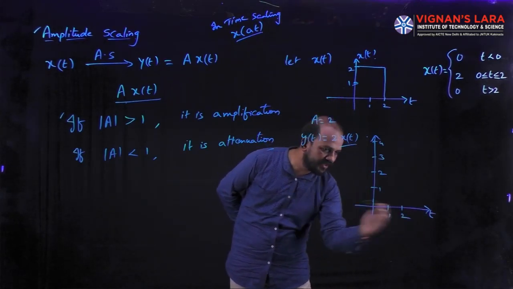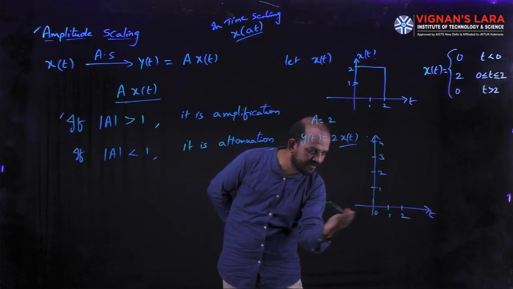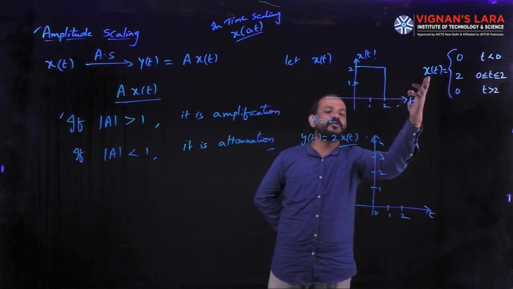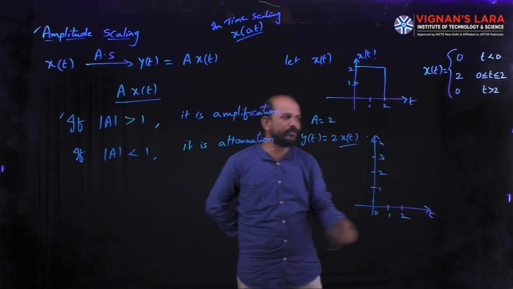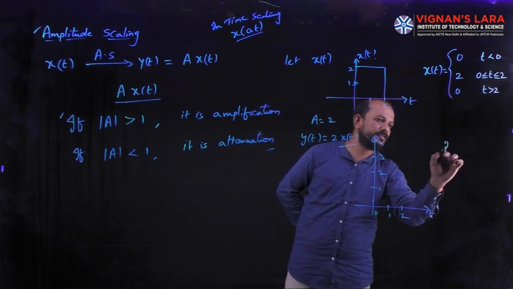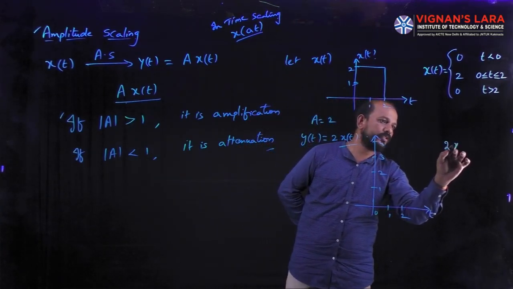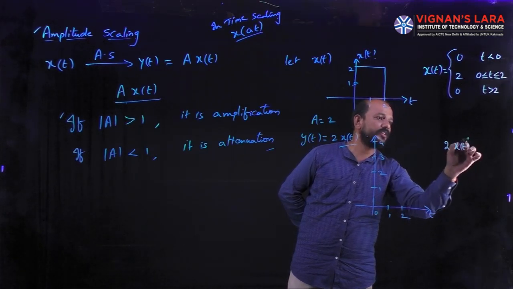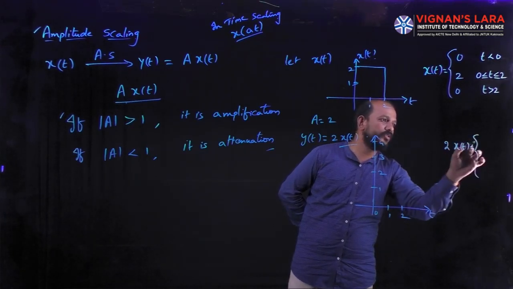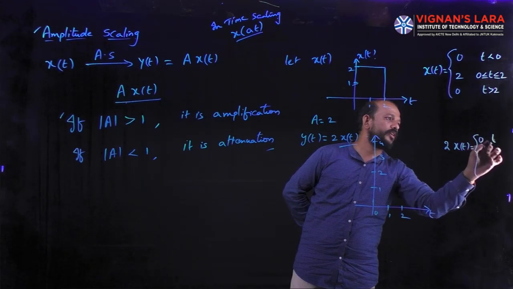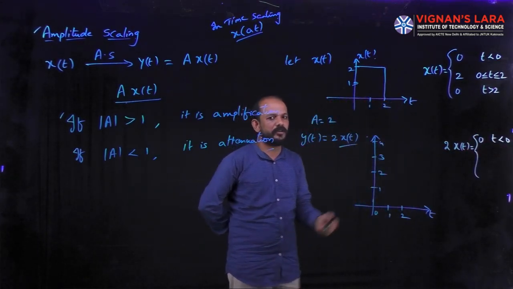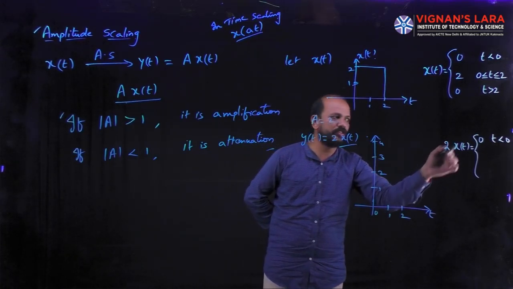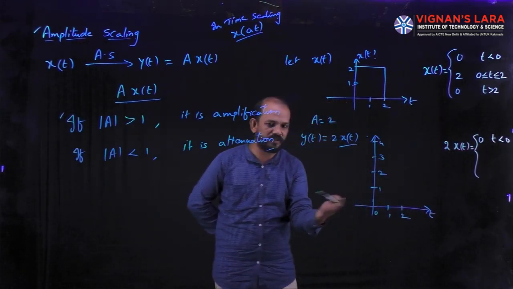This is t, and less than 0 is this one. In this case, the x of t value is 0. What is the value of 2 into x of t? 2 into x of t equal to 0 for t less than 0, because 2 into 0 is 0. So there is no signal.